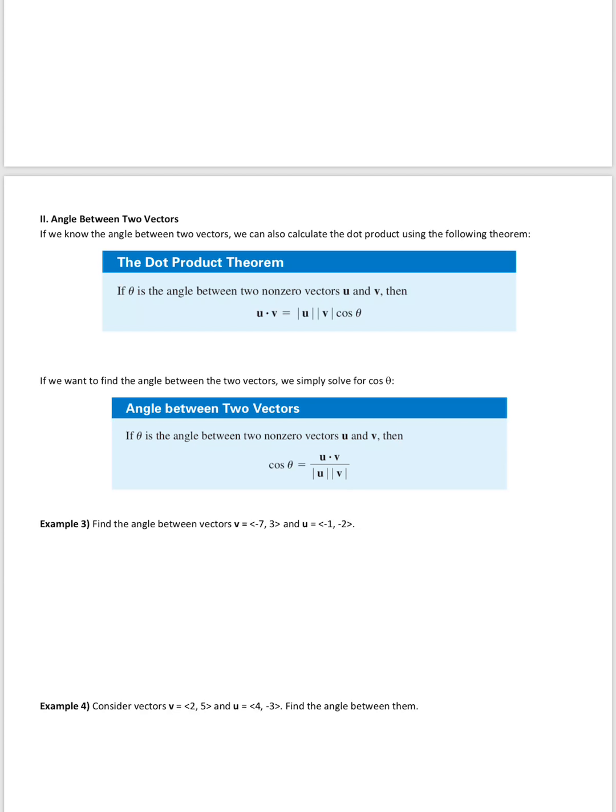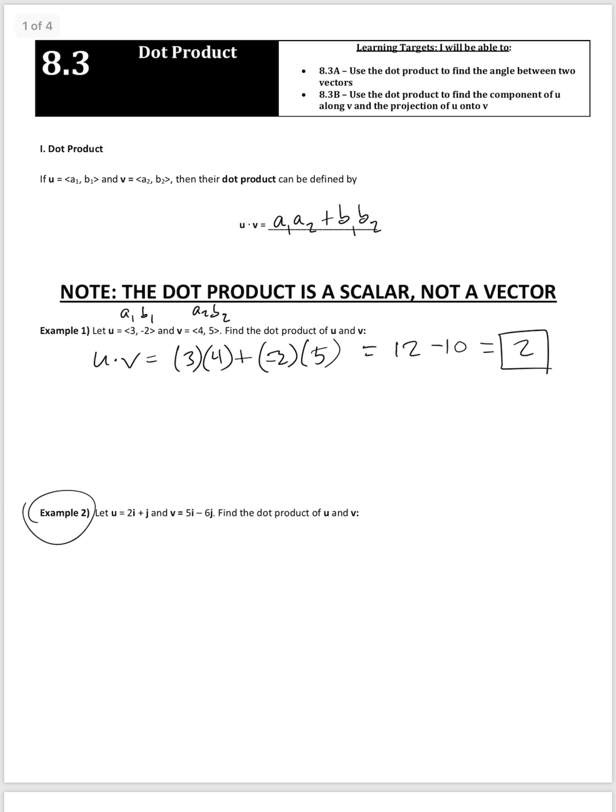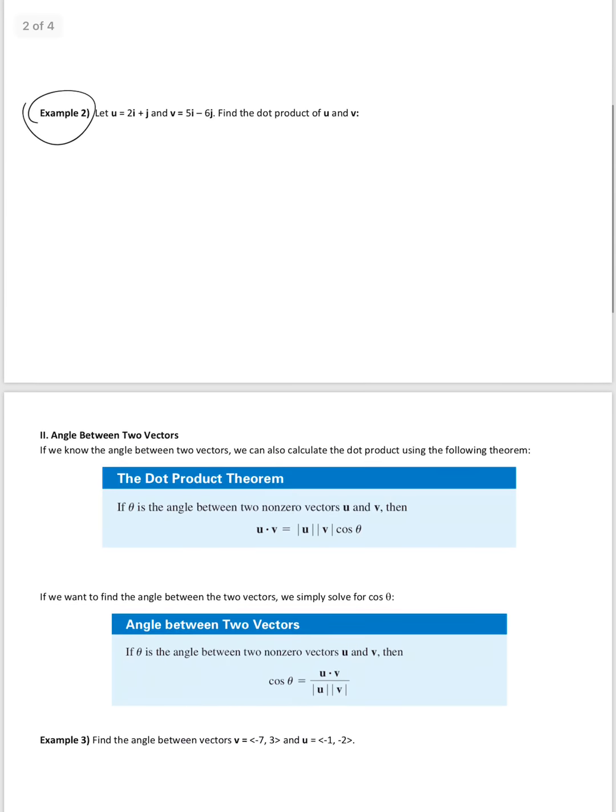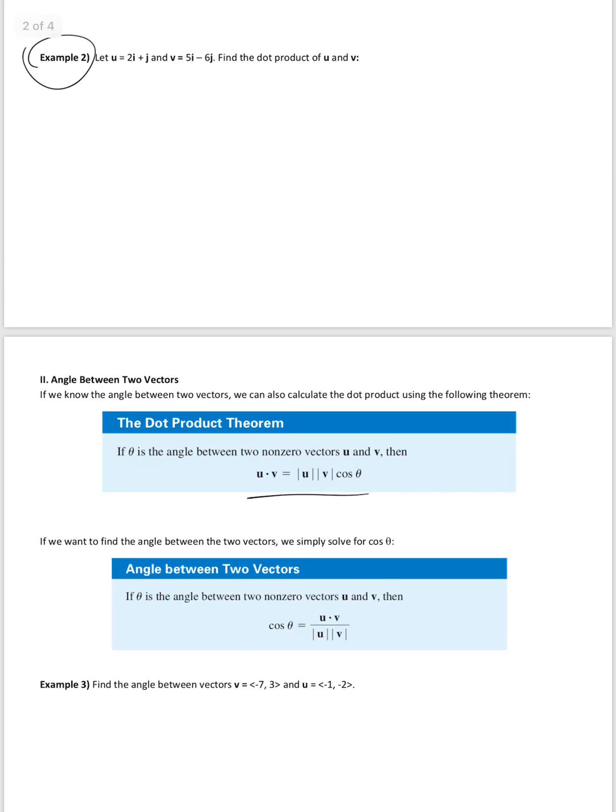And this is really useful because, maybe we think that our original formula is a little easier for calculating the actual dot product, we can take this formula, solve for cosine of theta, and we get this really nice formula to calculate the angle between two vectors.